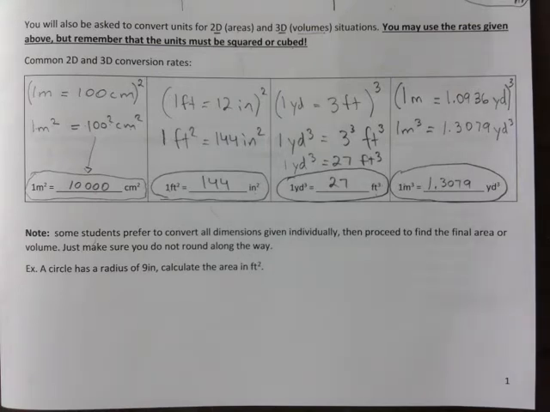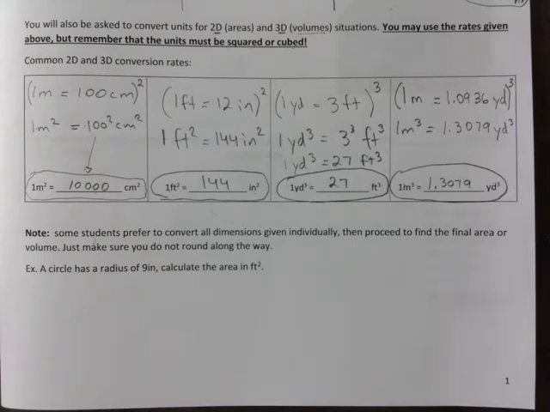So a lot of students will be like, well, I'm going to convert all of my dimensions to feet right away, and then I will proceed to find the volume in the units that you want me to have them in. You just have to be careful that you don't round too soon along the way.